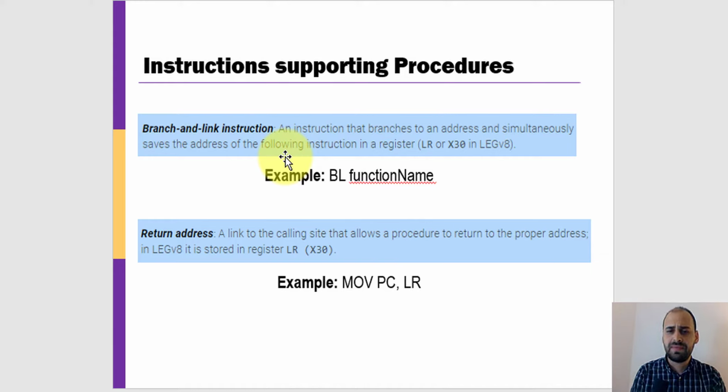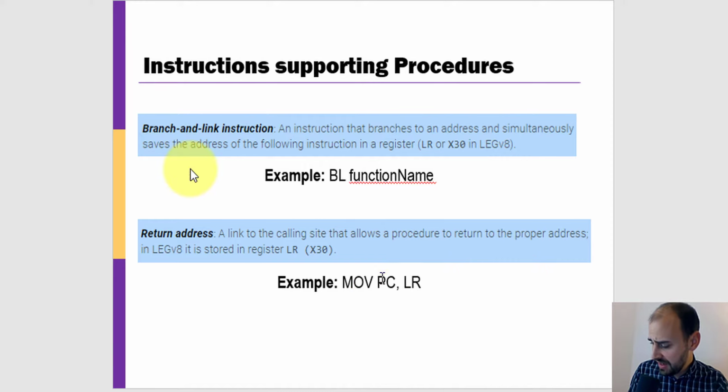In our return, when we're leaving a function, we're going to do something like this, where we move something into the program counter. If you remember, the program counter is keeping track of which instruction we're currently running.